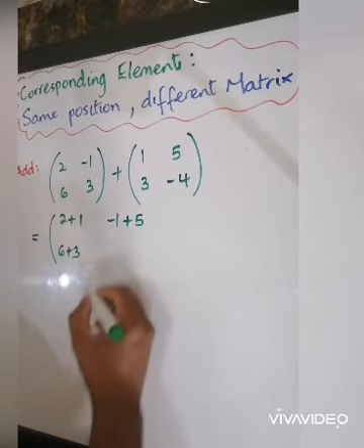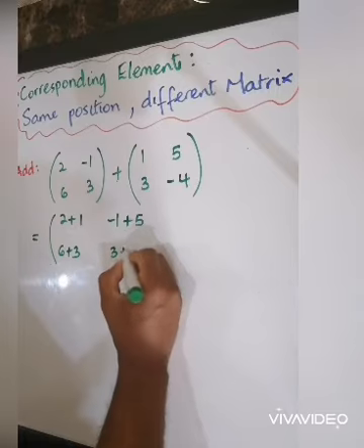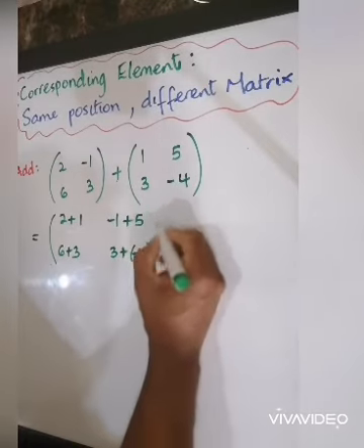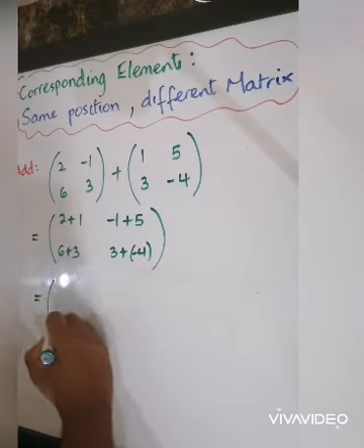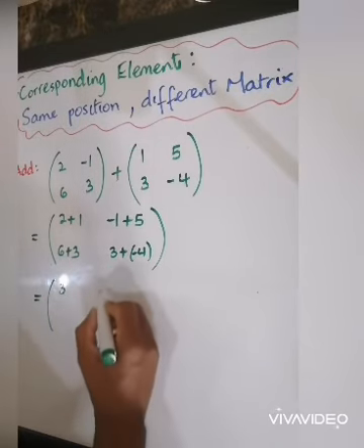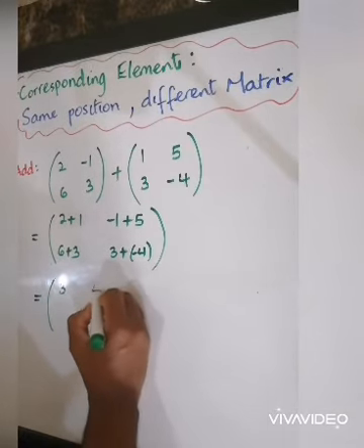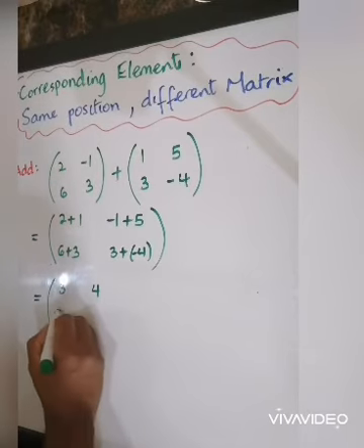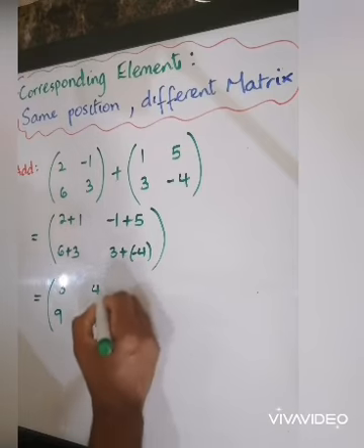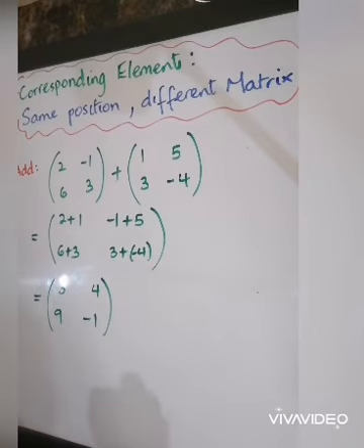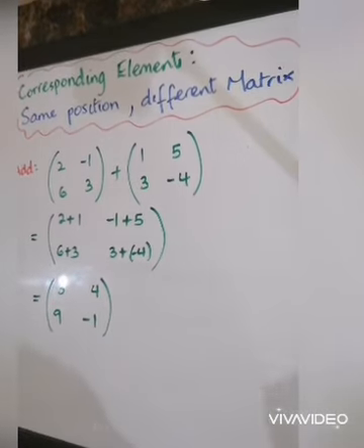And 3 corresponds with -4. So simply we have 2 plus 1 is 3, -1 plus 5 is 4, 6 plus 3 is 9, and 3 plus -4 is -1. And there we have it.